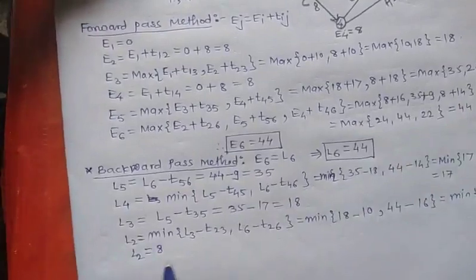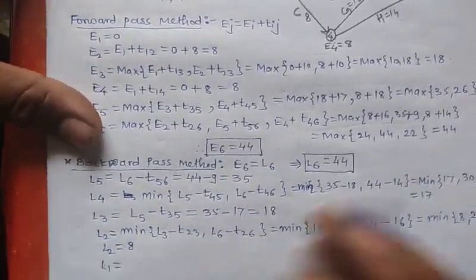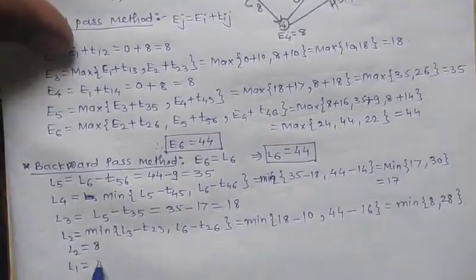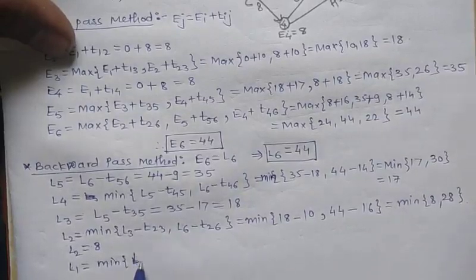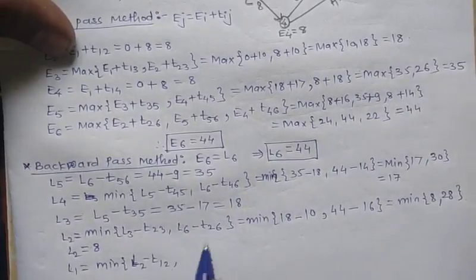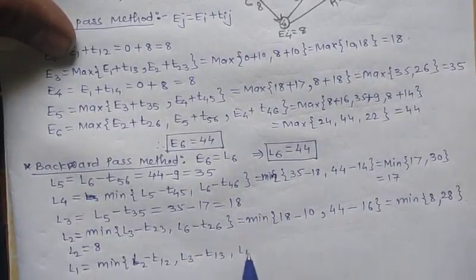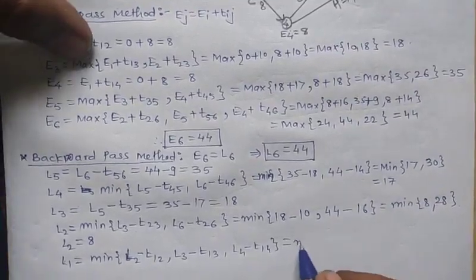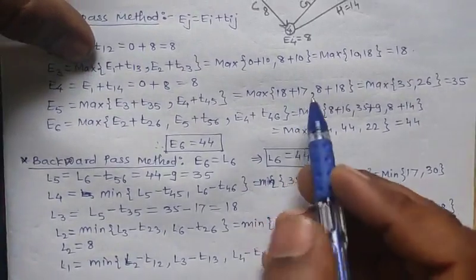So L1 will be, because L1 has three outgoing arrows, so we get the minimum of L2 minus T12, L3 minus T13, and L4 minus T14. So what is the value of L2?